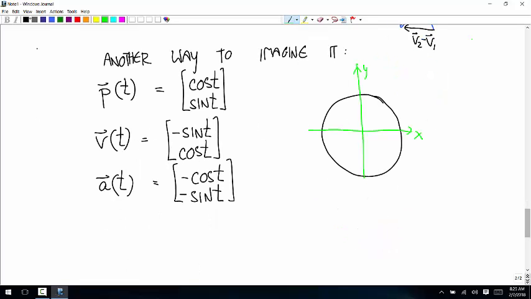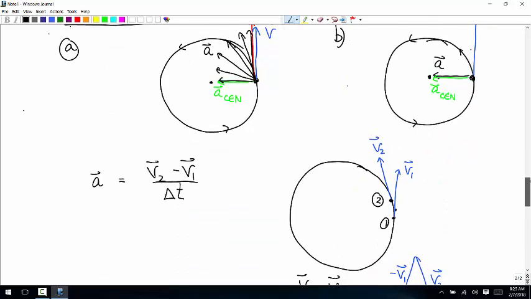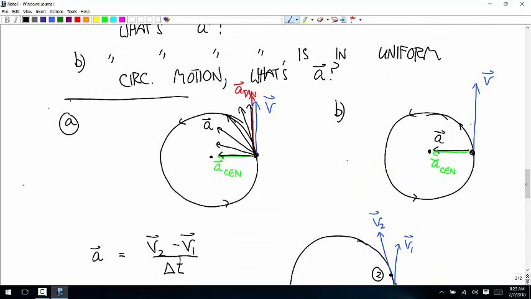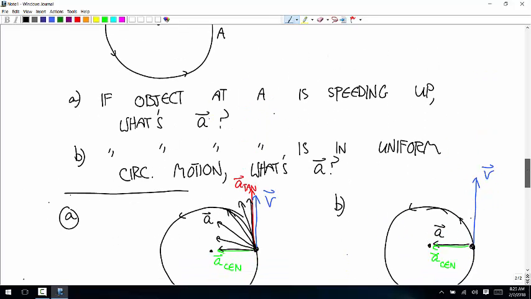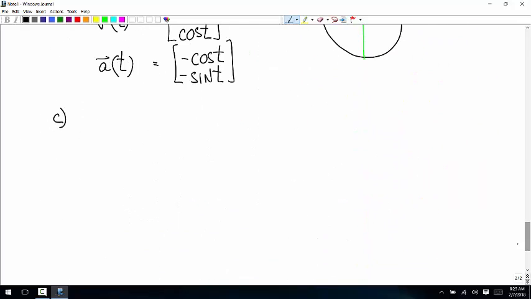Okay, so let's do one more. Let's do part C now. So we did A and B. Let's say the object is at A and slowing down, what's the acceleration?